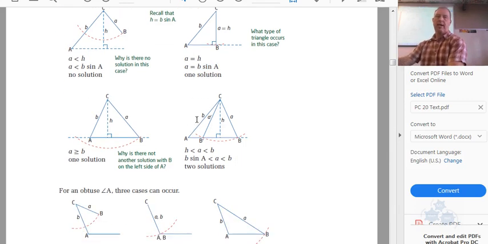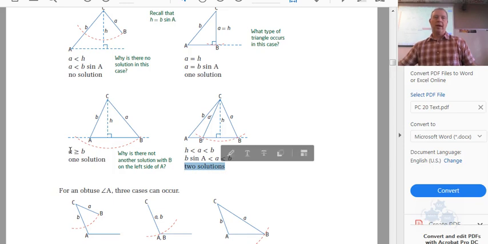If A is greater than H, or greater than B sine A, and less than B, we could have 2 triangles, so that's this one. A is greater than H, but less than B, we could have 2 solutions. And if A, this opposite side, is greater than B, then we have 1 solution.